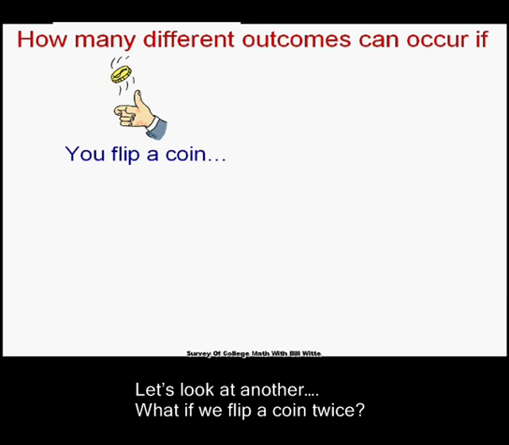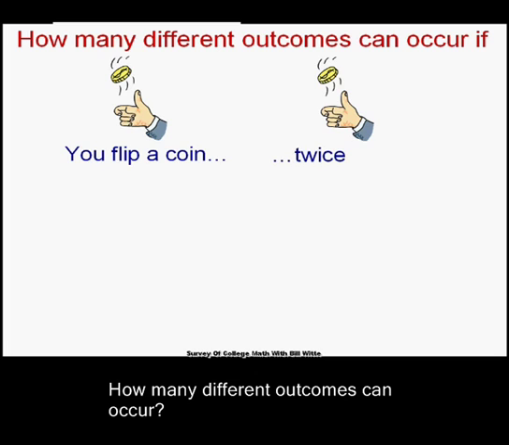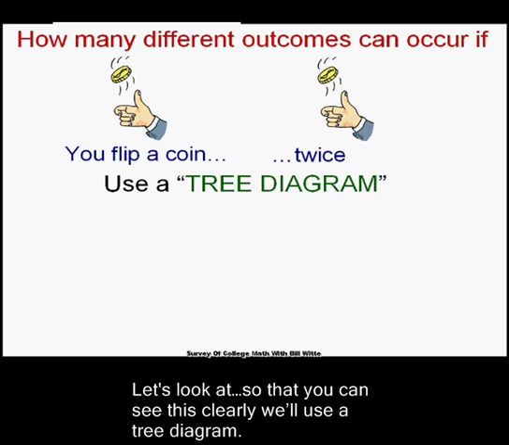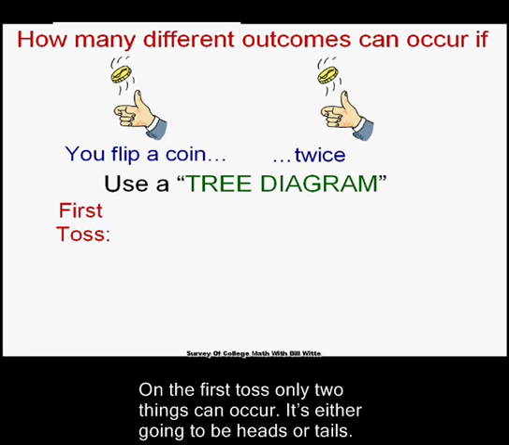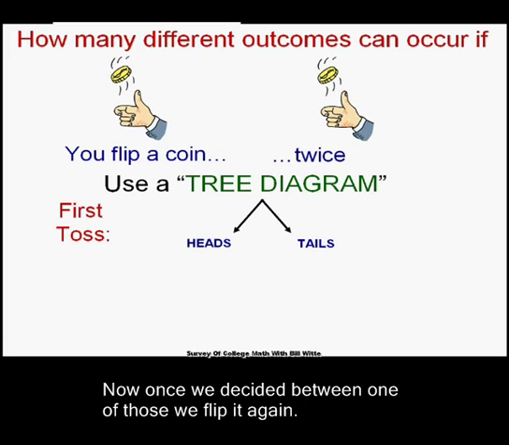What if we flip a coin, a little more advanced, twice? How many outcomes can occur? So that you can see this clearly, we're going to use a tree diagram. On the first toss, only 2 things can occur. It's either going to be heads or tails. Once we've decided that, we'll flip it again.